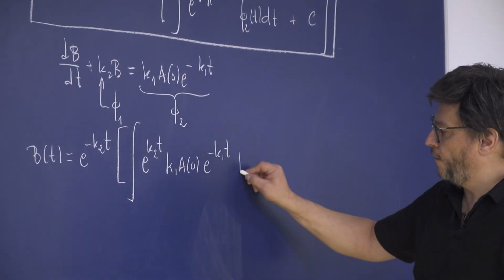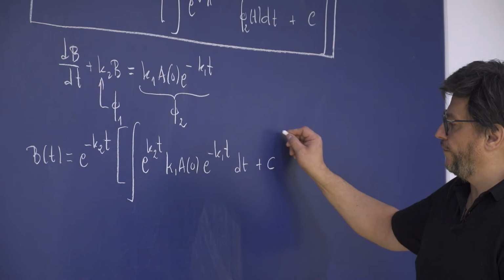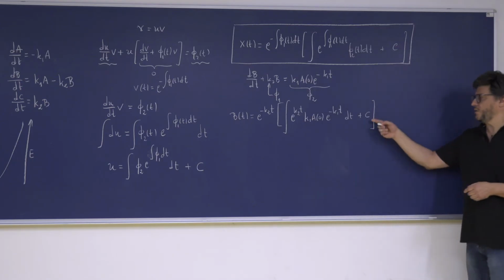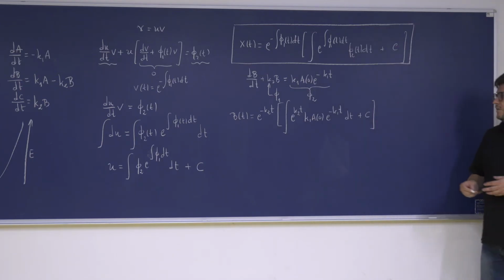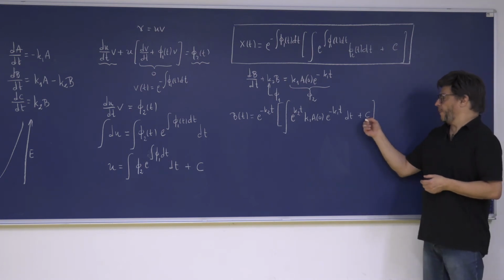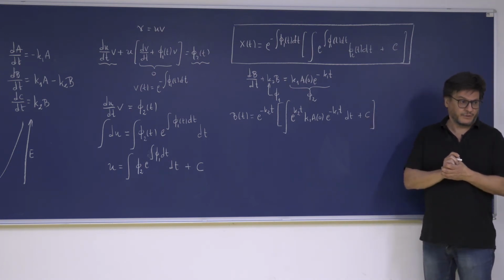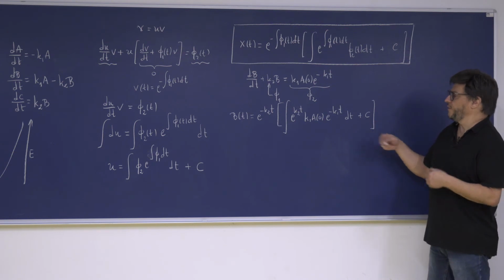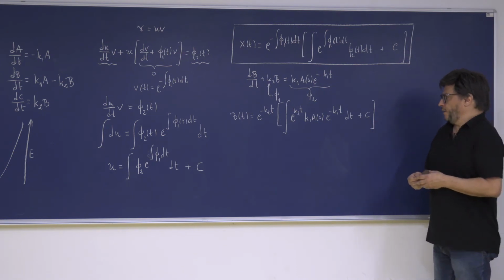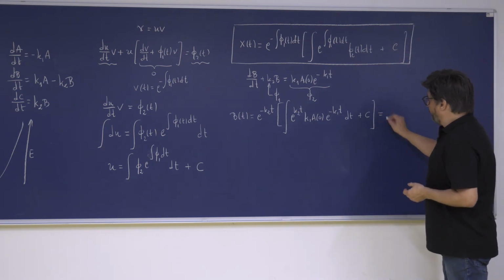and C, right? I didn't mention that, but the constant C typically we'll find out exactly its value by looking at the initial conditions. So C is arbitrary, but we can determine it. So we are almost there, okay?